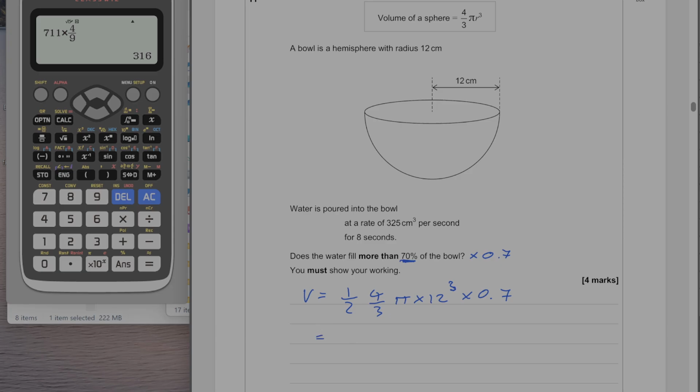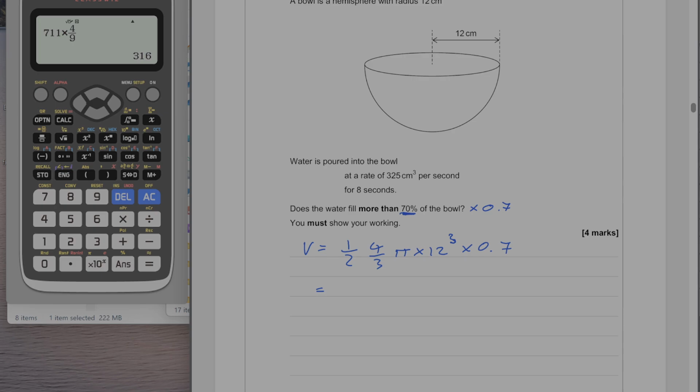which is going to be 2/3 times pi times 12 cubed times 0.7. So the total volume is going to be 2/3 times pi times 12 cubed times 0.7.